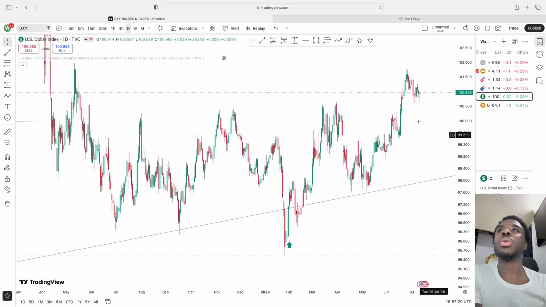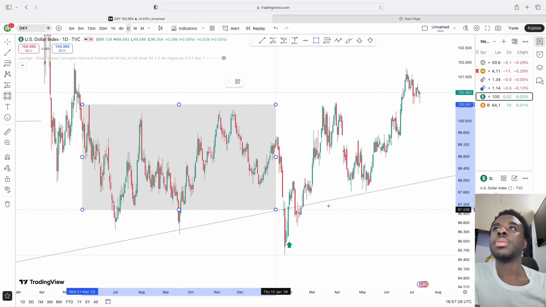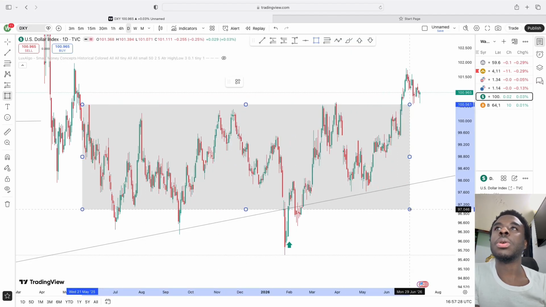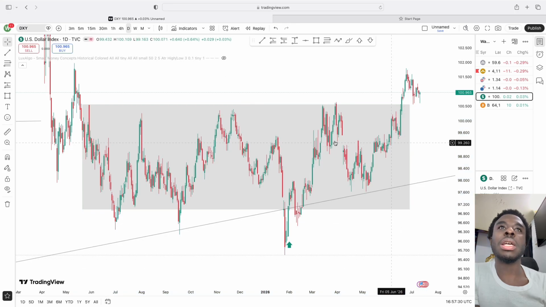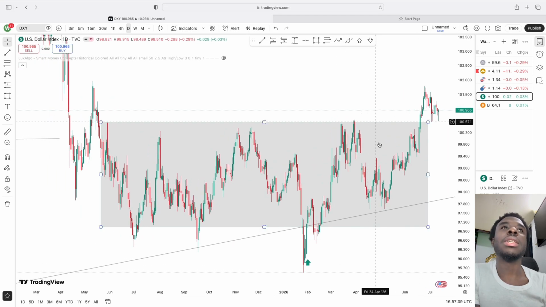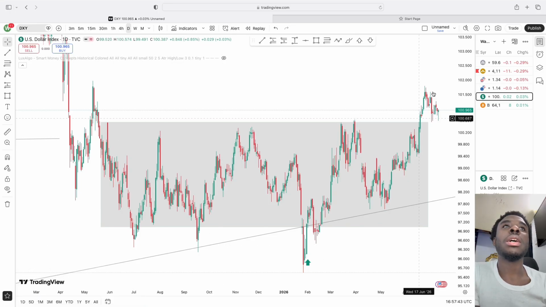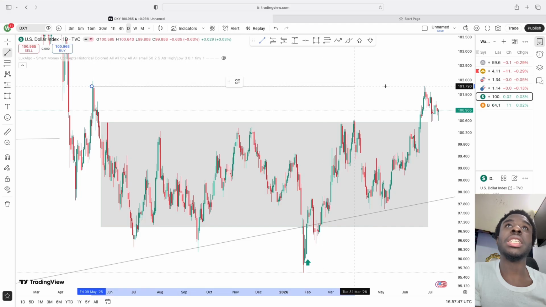You could see that price has been consolidating for some time over here, and finally we've had a break to the upside, right? This can be a manipulation if you really understand the market. Even though we've had a break to the upside, this can still be a manipulation.